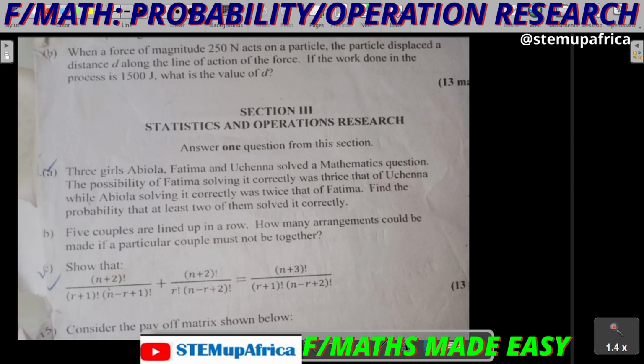Or if Abiola and Ushena solve correctly, Fatima failed to solve correctly. Or Fatima and Ushena solve correctly, Abiola failed to solve correctly. Or the 3 of them solve correctly. At least 2 solve correctly.